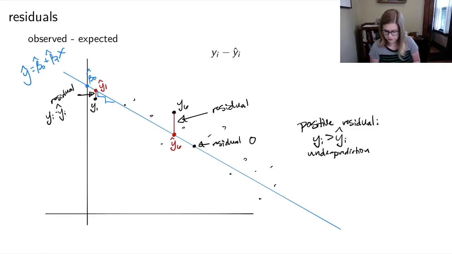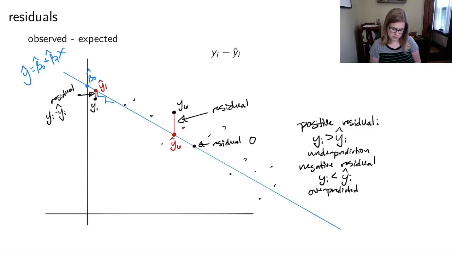Our prediction was smaller than our real value. And if we have a negative residual, then y i is less than y i hat, and that means we overpredicted. So you can see, for y6, as I'm calling it, in that one we underpredicted, and for y1, as I'm calling it, we overpredicted.